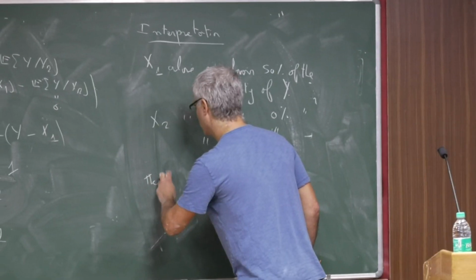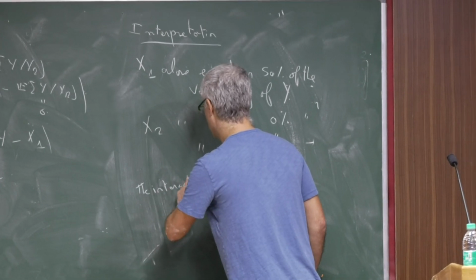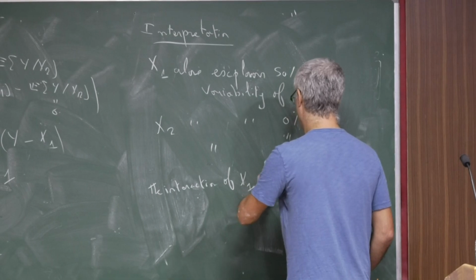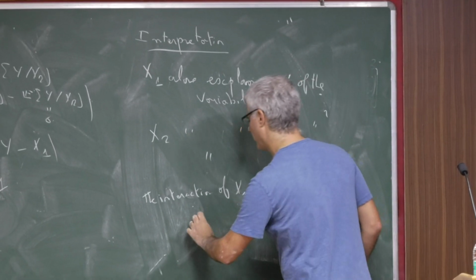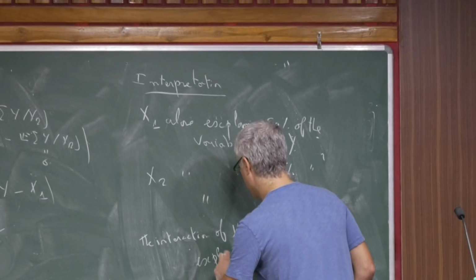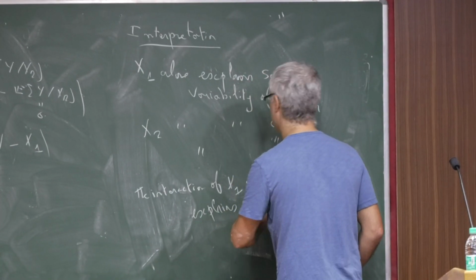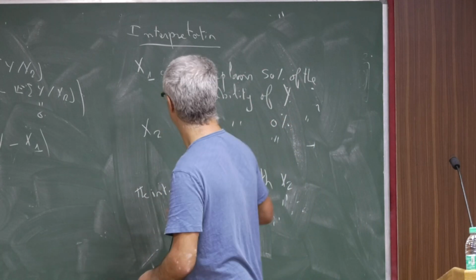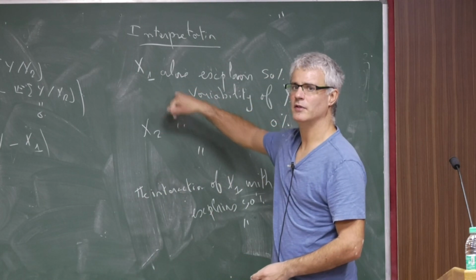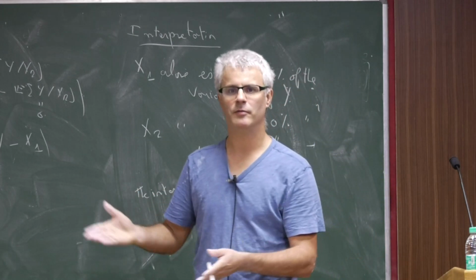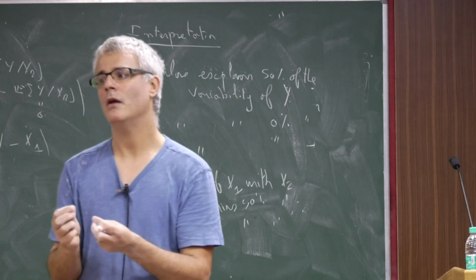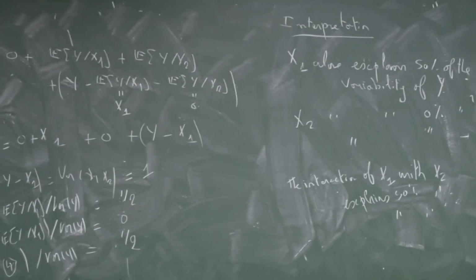And we have the interaction. So we can think, okay, x1 is 50%, x2 is 0%, so where are the 50% that I don't find? They are in the interaction of x1 and x2, and they are here.